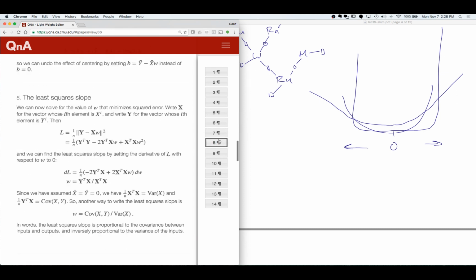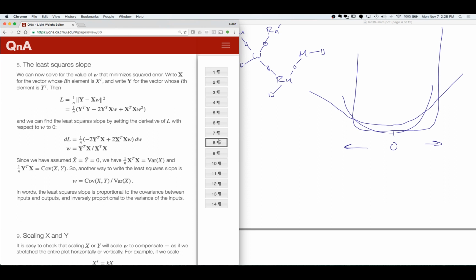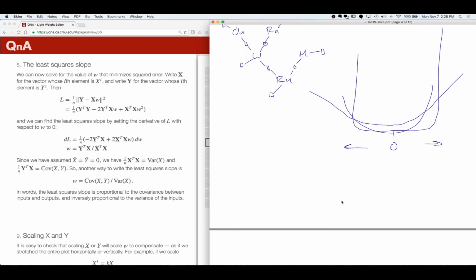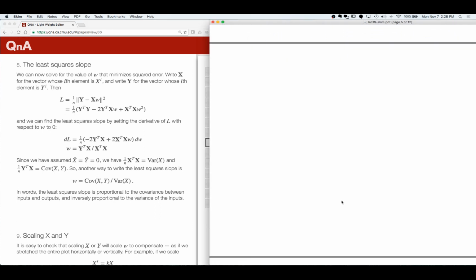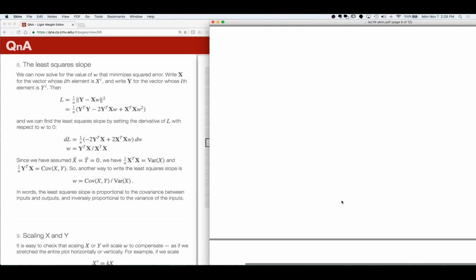All right. So now let's look for the value of slope that minimizes squared error. In order to do that, I'm going to collect all of my samples into a big vector, x1, x2, all the way to xn. That's my inputs.